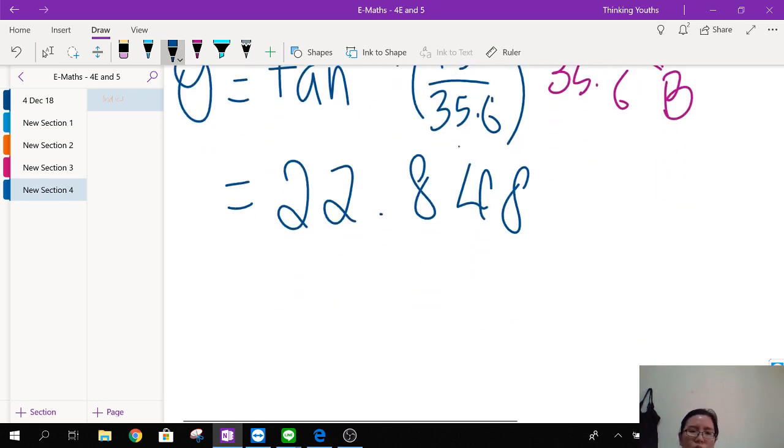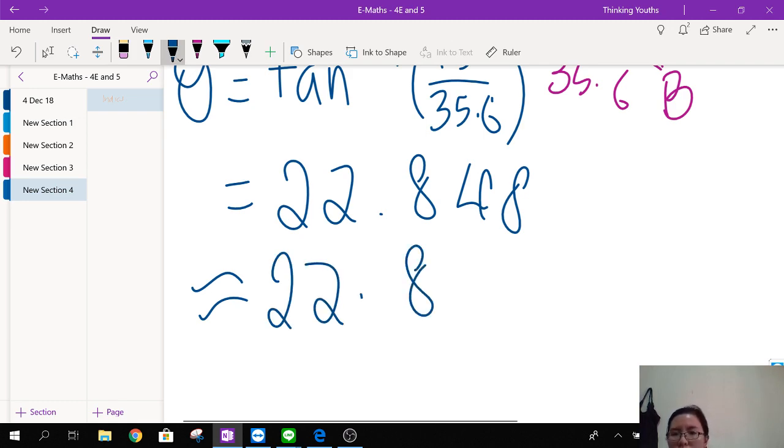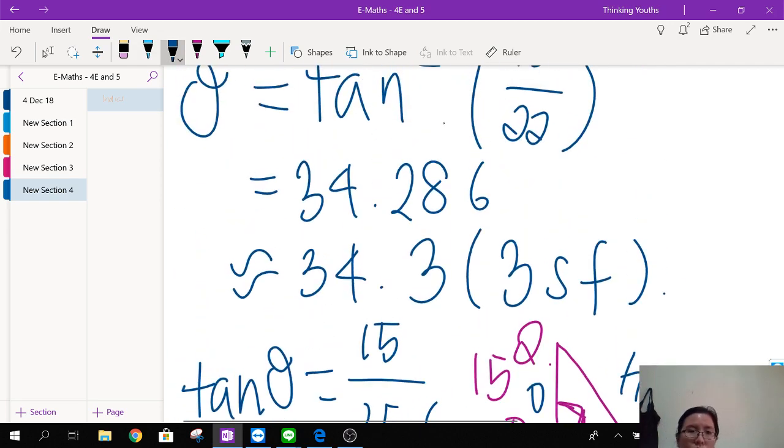Three significant figures will give you 22.8 degrees. For angle it is 1 decimal place, so 1 dp. This one is also an angle, so we will write a degree and change it to 1 dp.